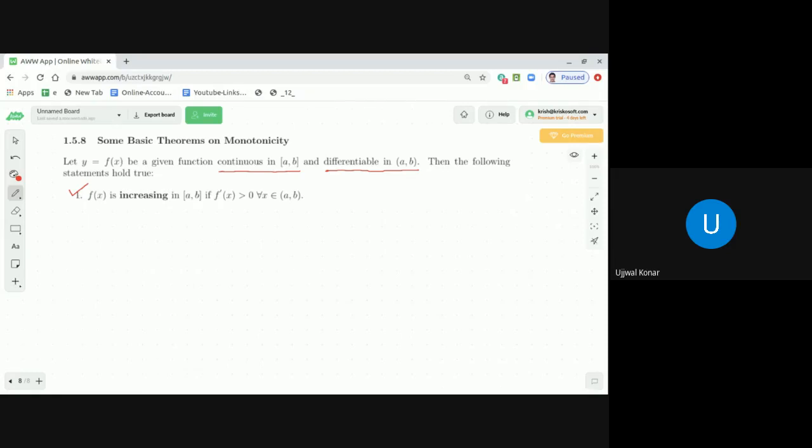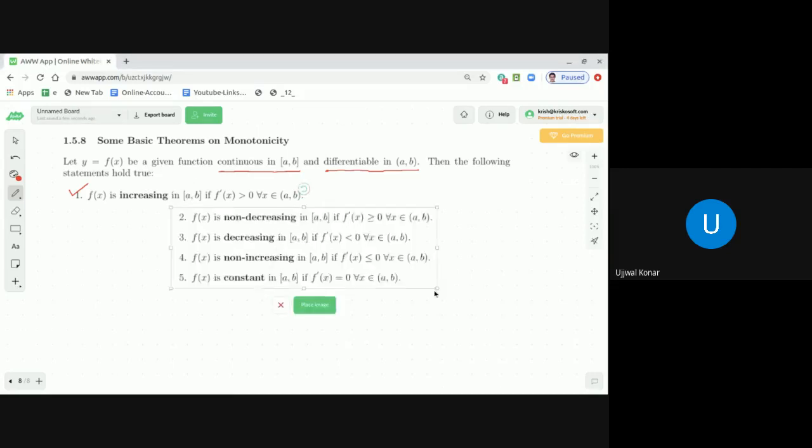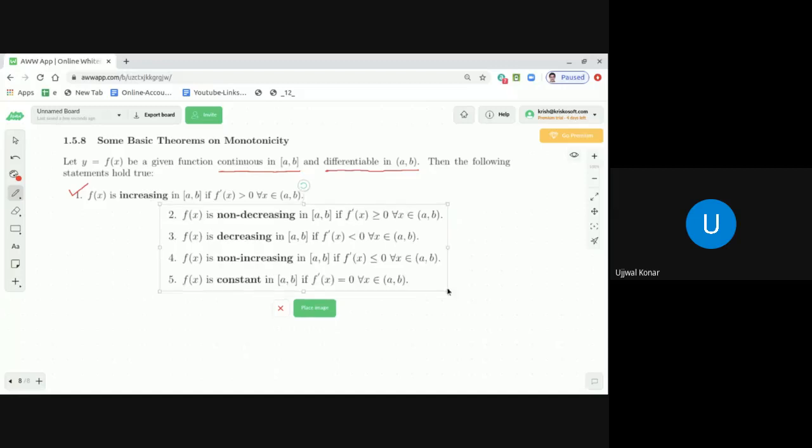I hope you are able to get this point because I discussed it during the discussion of all these functions. In a similar manner, dear students, let me show you the other statements.